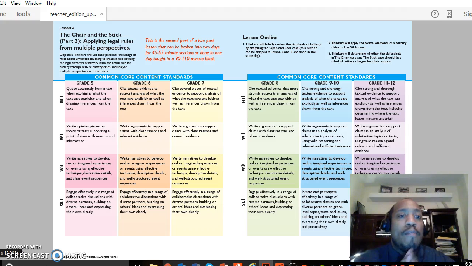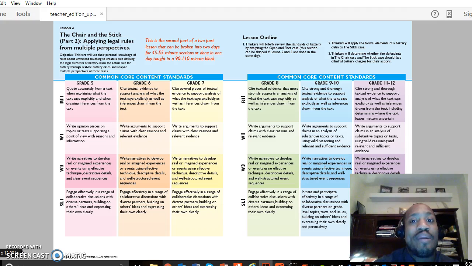So you might have already started Part 1, Lesson 3 as part of the same lesson, or you're doing this as two separate lessons. Either way, it's the same sort of breakdown in terms of the Common Core standards that align with this lesson. The outline here is we're just going to review the standards of battery we went through in Lesson 3.